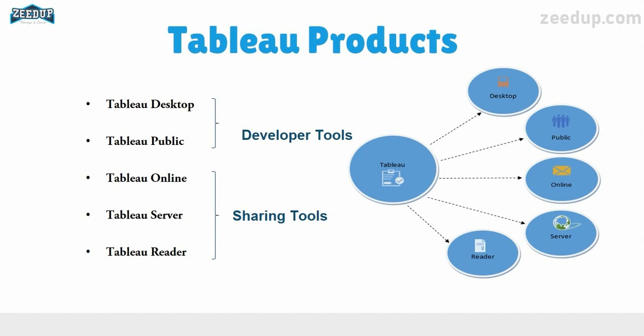Now let us talk about the sharing tools. The first sharing tool we have is known as Tableau Online. So what is Tableau Online? It is an online sharing tool of Tableau. Its functionalities are very similar to Tableau Server. The data it stores is hosted on servers in the cloud, which are maintained by the Tableau group.